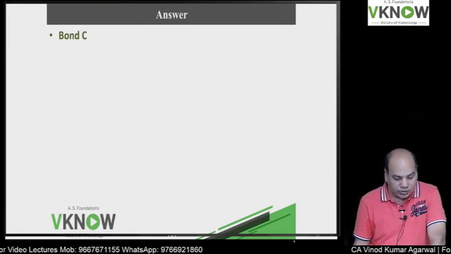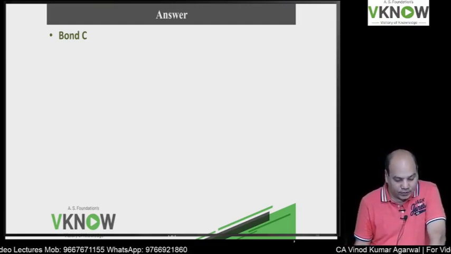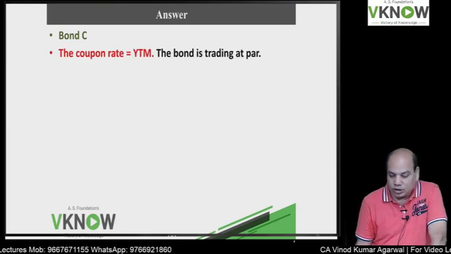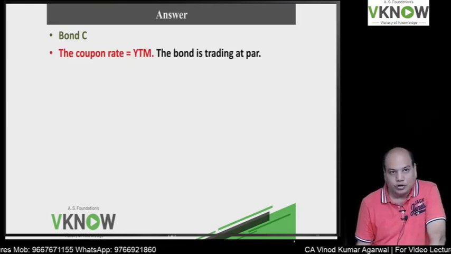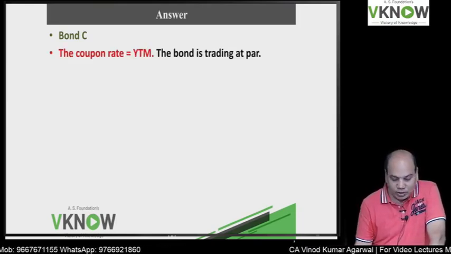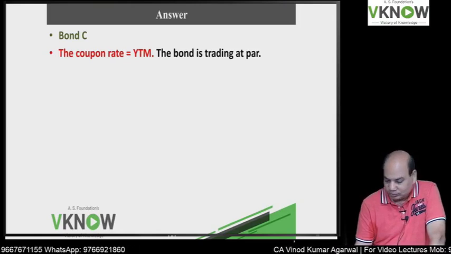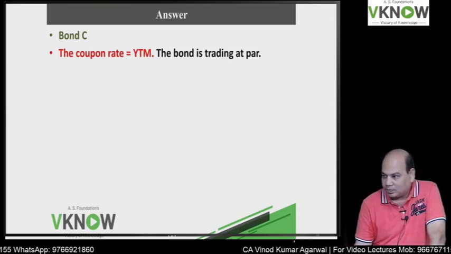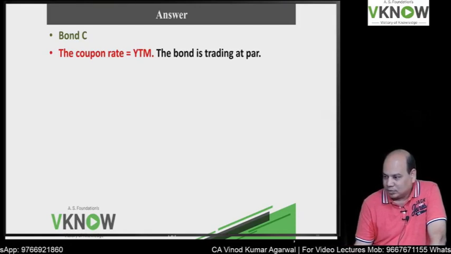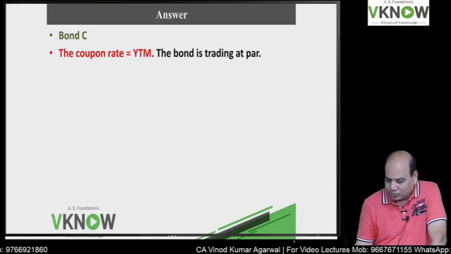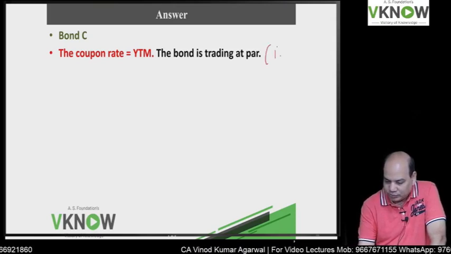Rishabh is right. Intrinsic value is equal to face value. So bond C, write down. I am going to save your time. Coupon rate is equal to YTM. Bond is trading at par. That is rupees 100. Write down.